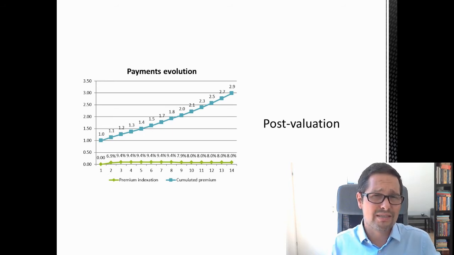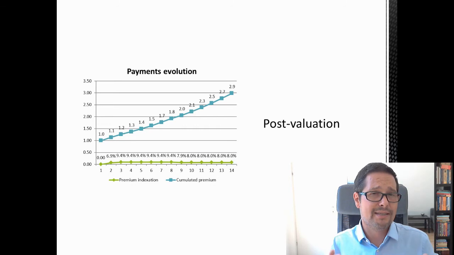What I can do is a post-valuation, or what happened up to date. I have the two policies, I bought them at the same time, so in my case the one with cash value is 14 years old, and the other one, the unit link, which I will just show you in 1 second, is also 14 years old.